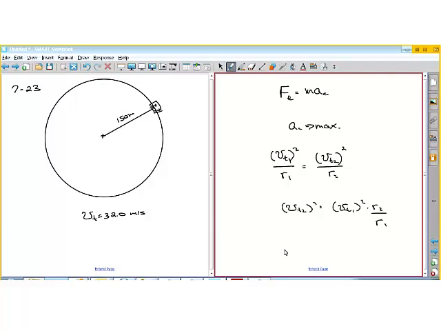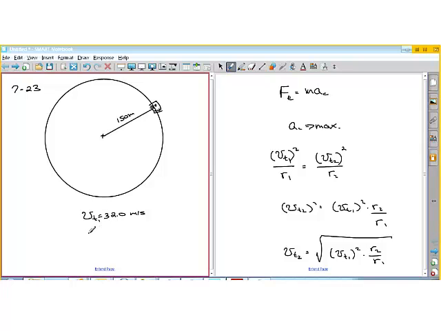Then we can take the square root. In our case, V tangential 1 is 32, R1 is 150, and V tangential 2 is the question mark, R2 is 75 meters.